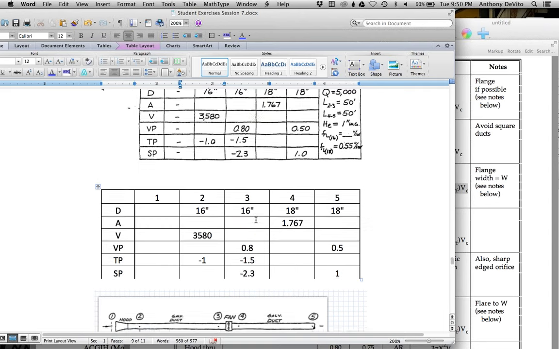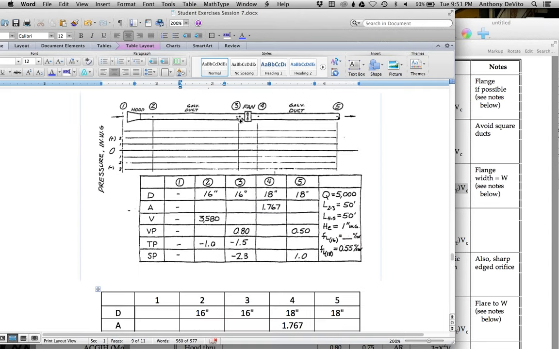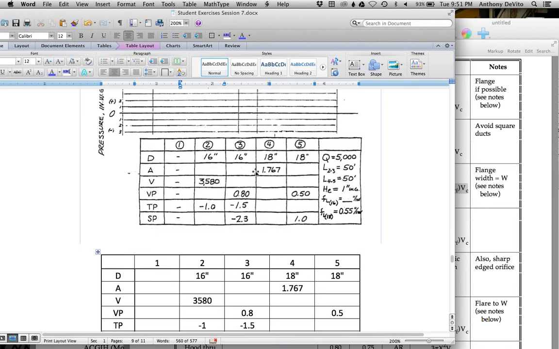Okay, now point number three. What happens at point number three? Is the static pressure at point number three going to be a bigger negative number or a smaller negative number than at point 2? It's going to be a bigger negative number because the air has got to go that direction, right? So we can figure this out. We have the area. We have all the static and other pressures, so we can figure out what the velocity is.